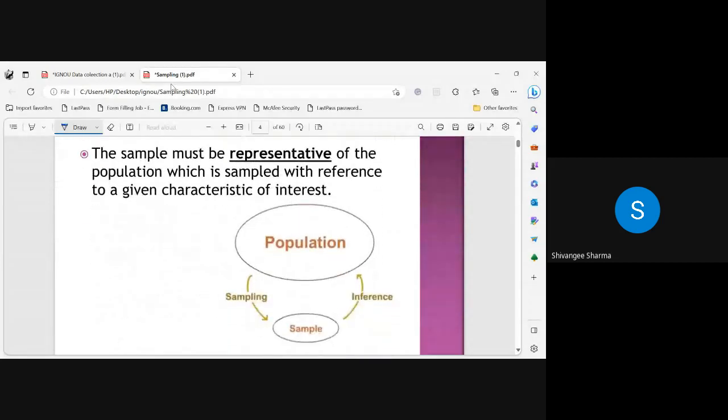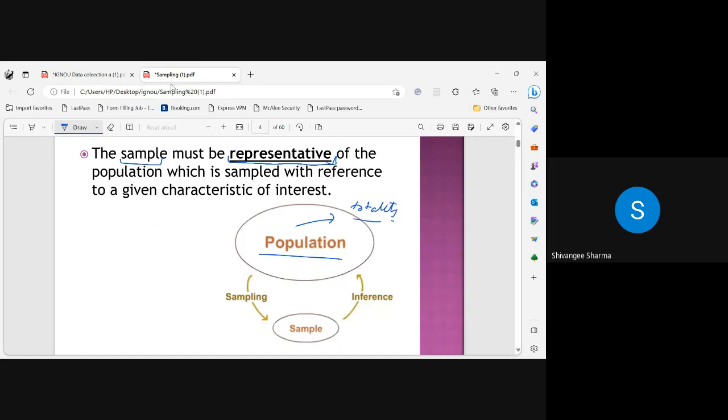Now, the very first thing which should be kept in mind while choosing a sample is that it must be representative of the population. How can that sample be representative of the population which you are going to study? Just understand here, population means your totality of observations.